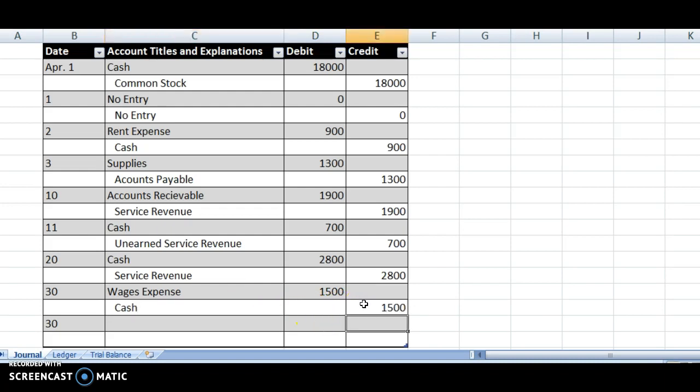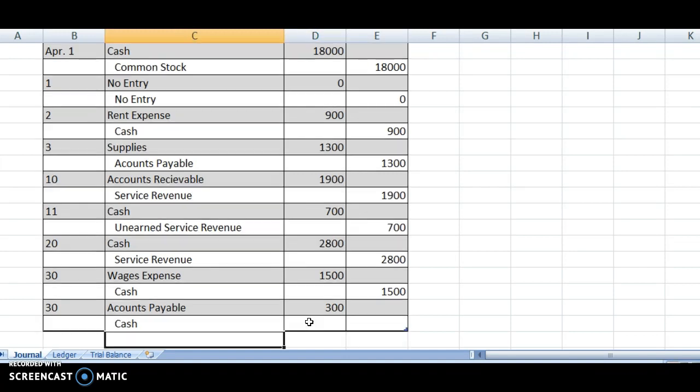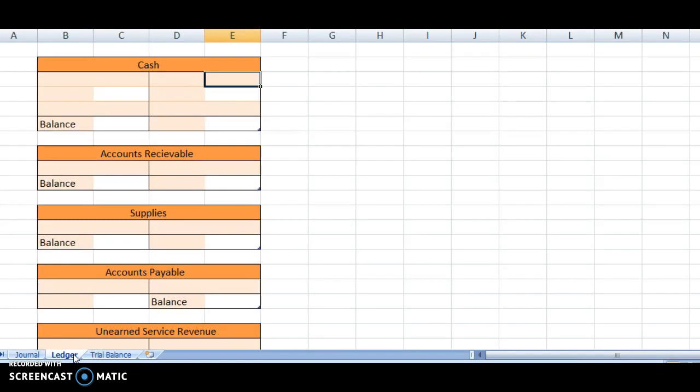And lastly, on April 30th, we paid Brigham Company $300 for accounts payable due. So since we are paying off, accounts payable is being debited the $300, and then cash is being credited $300.